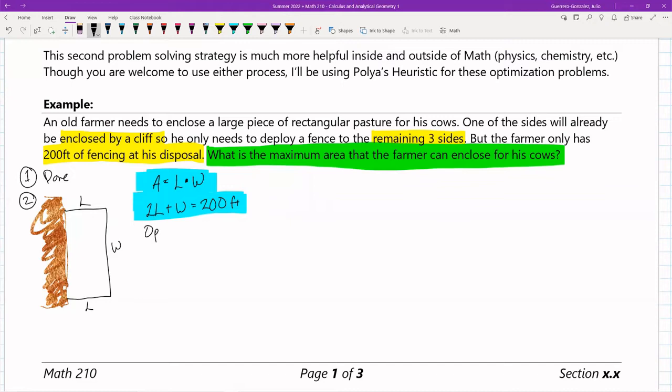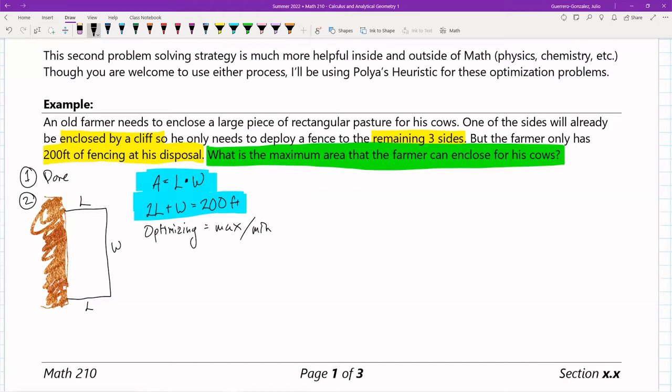Optimizing is finding a max or a min. So that means we're going to need to use calculus on A. We need to use calculus on the area equation, right? So that's exactly what I'm going to do.